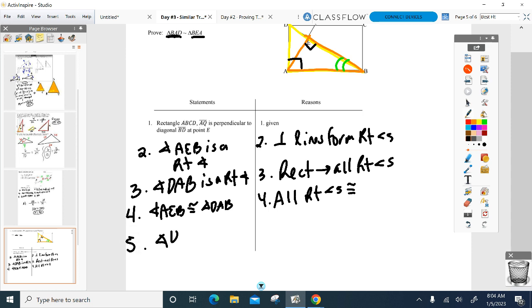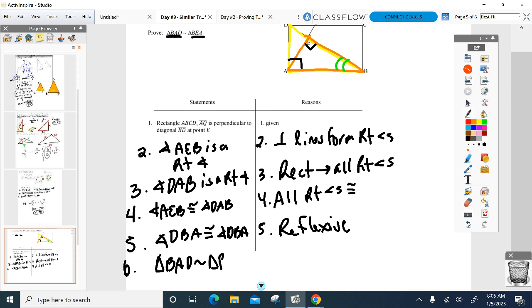Angle DBA is congruent to itself. And then, here we go. Now I have the triangles are similar. Everyone all right? That's it for proofs here today.